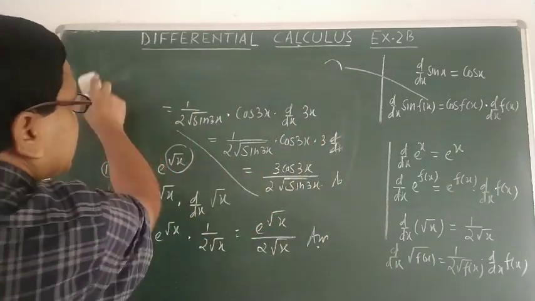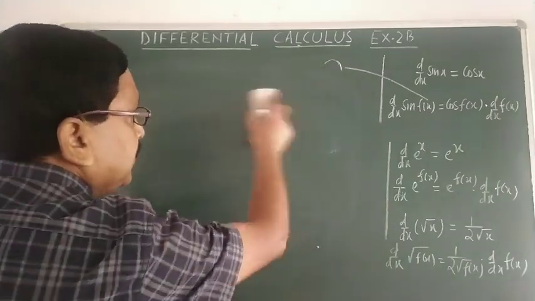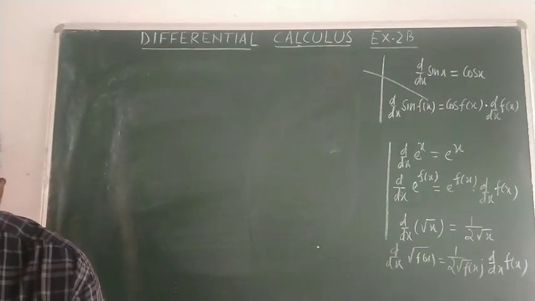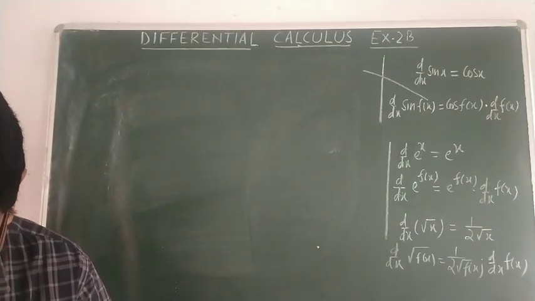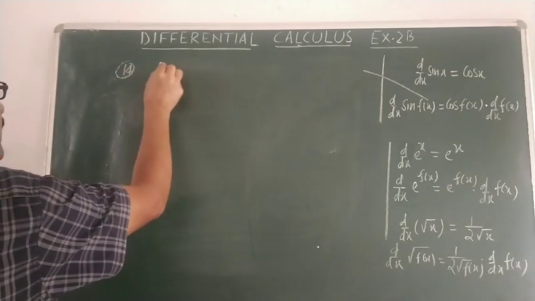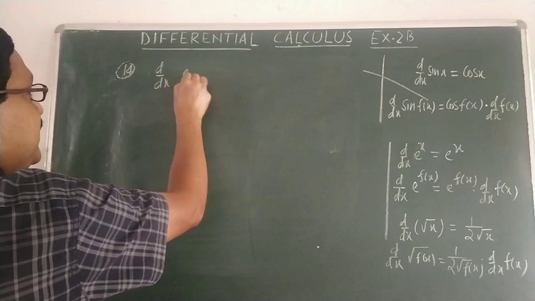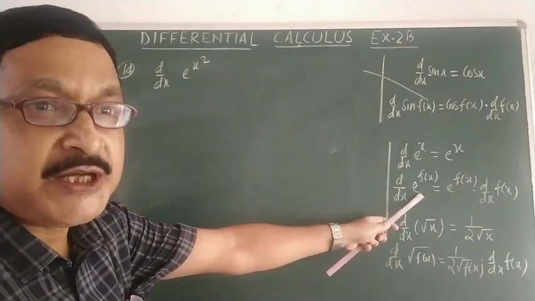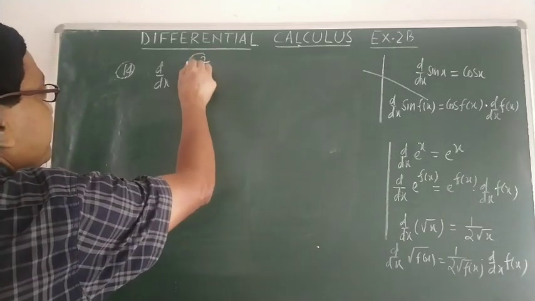Now moving towards another problem. Question 14, d by dx of e to the power x square. Again the same formula will come in action. e to the power f(x), this is your f(x).